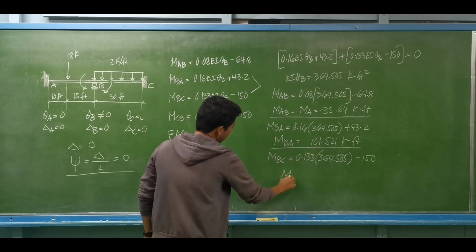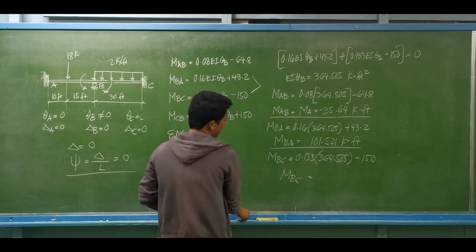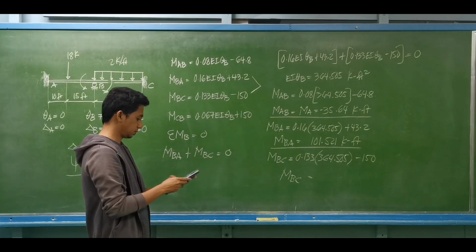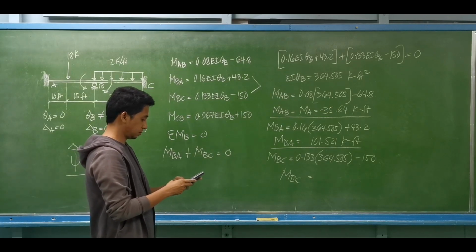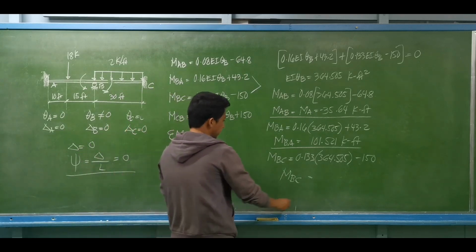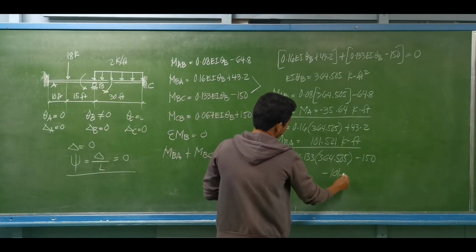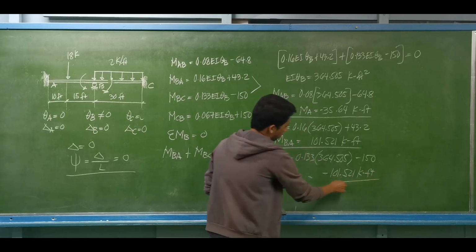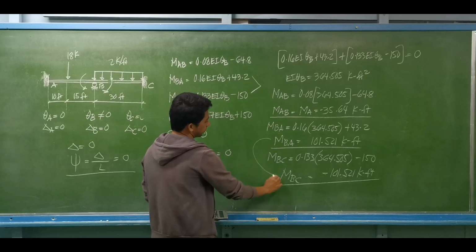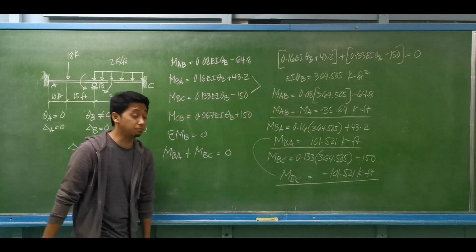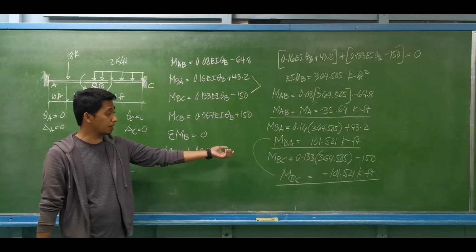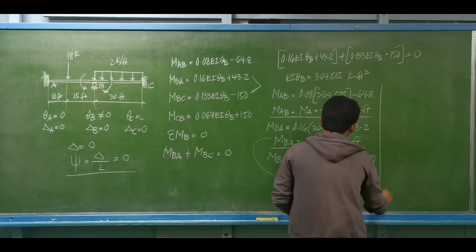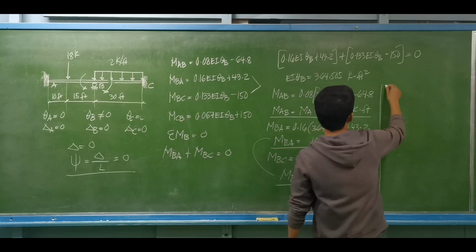So we have the moment for span BC equal to negative 101.521 kips foot. As you can see, the moments for BA and BC are numerically equal but opposite in sign.